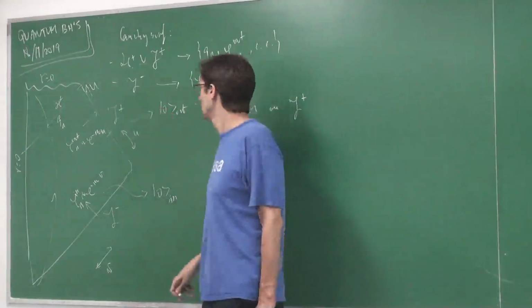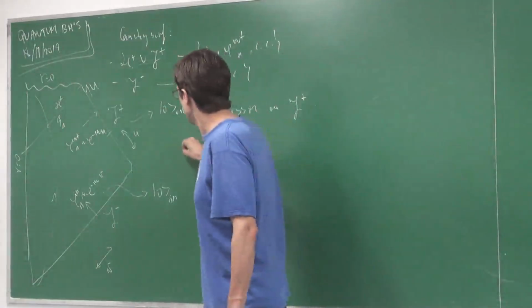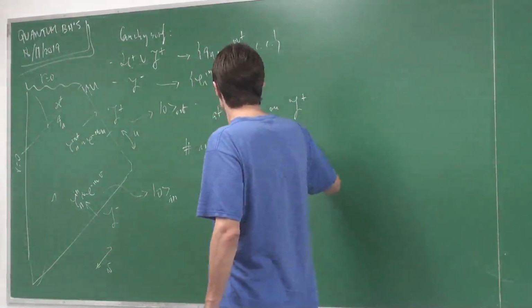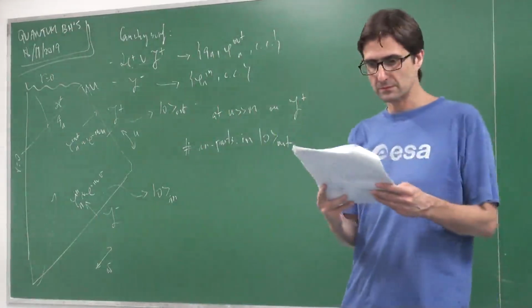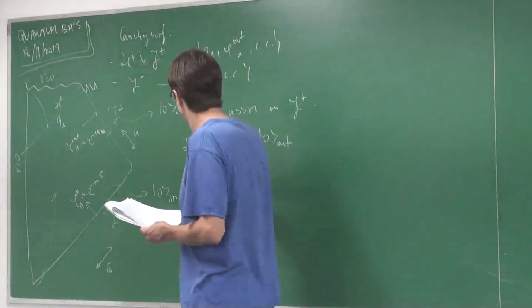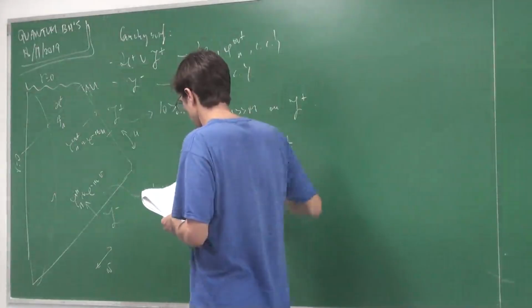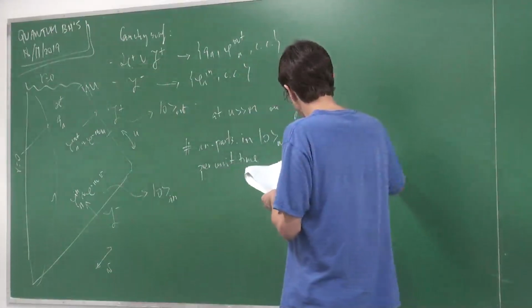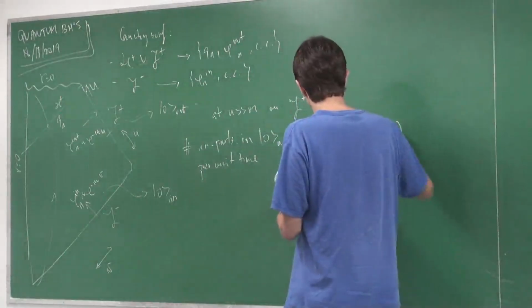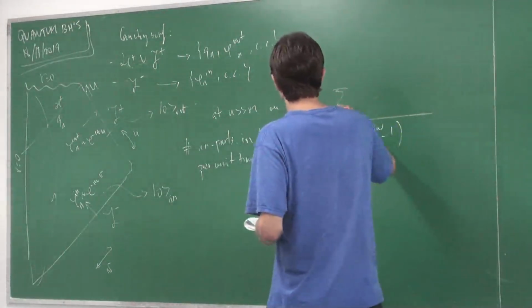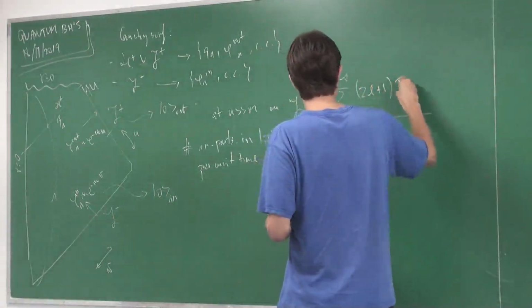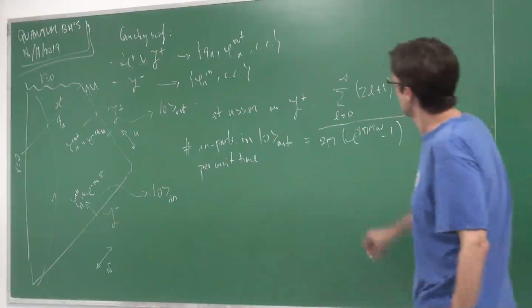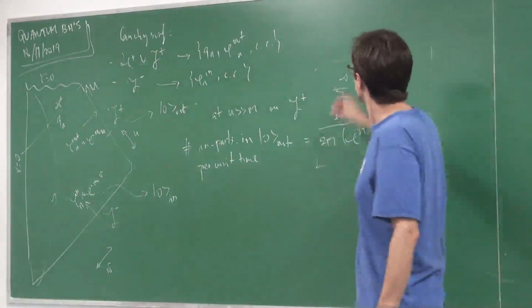So at late times on sky plus, the number of in-particles in the out vacuum state, per unit time, is the Hawking radiation.